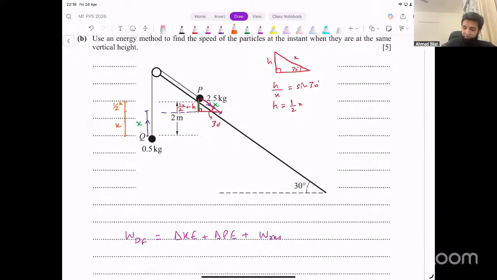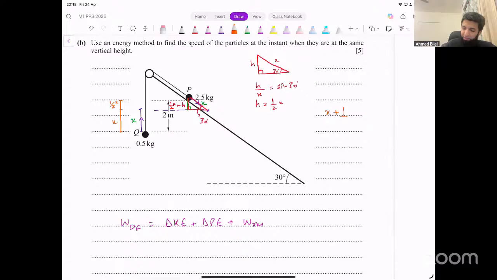So we could say x plus half x equals 2 units. That will give us the value for x. 3 over 2 x equals 2, x equals 4 over 3. So Q moves up by a distance of 4 over 3 and P moves down by a distance of 2 over 3. That's the result that we end up getting from this.